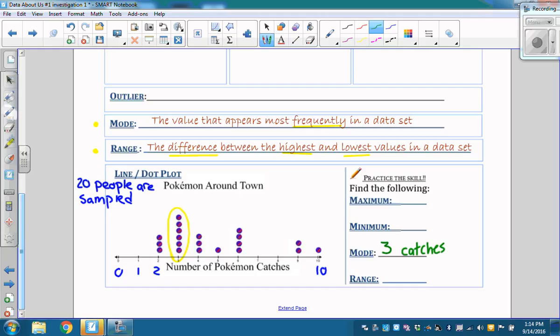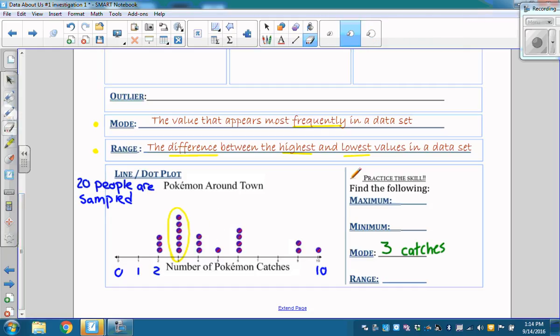What was the most amount of catches, Quincy, out of those 20 people? It was 6. No, that's the mode. The 6 dots explains that 6 people got 3 catches. So like these people right here, they got 4 catches.